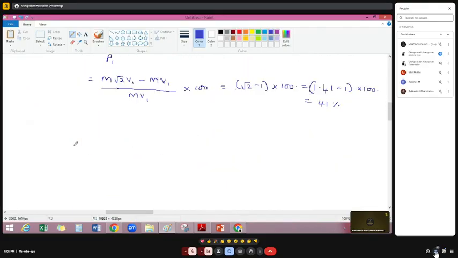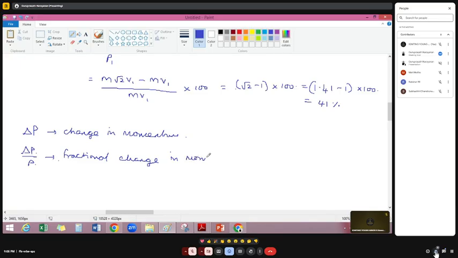Okay, so I will write it down. Delta P means change in momentum. Delta P by P means fractional change in momentum, because this is just a fraction with respect to the original, meaning P1.